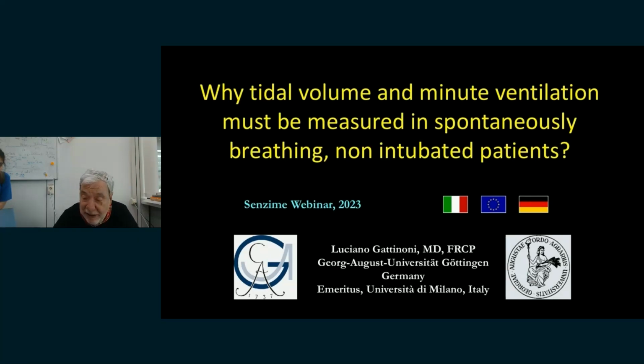In spontaneous breathing, we just have sometimes an idea of tidal volume, and almost nothing else. Pulse oximeter and looking. So you have this big jump between what we do with mechanical ventilation and what we have with spontaneous breathing.